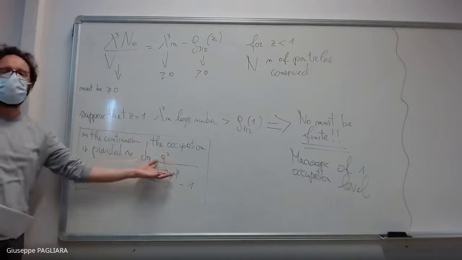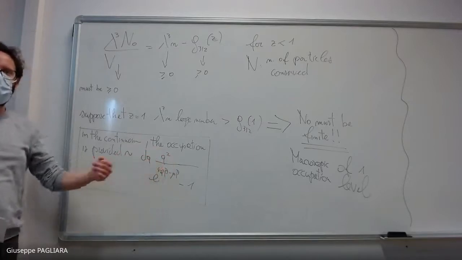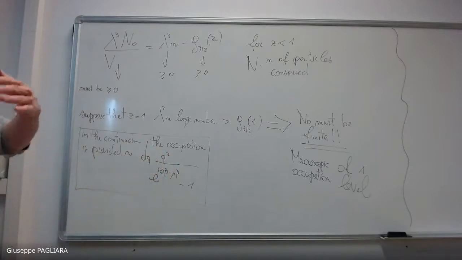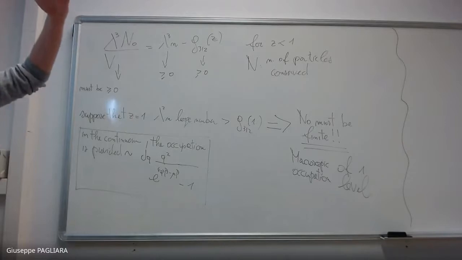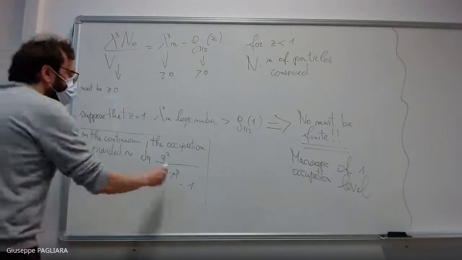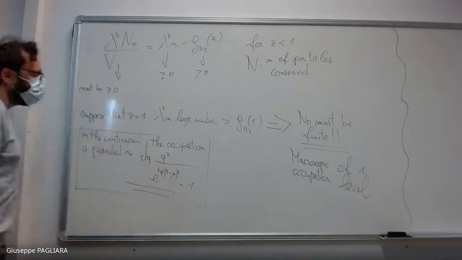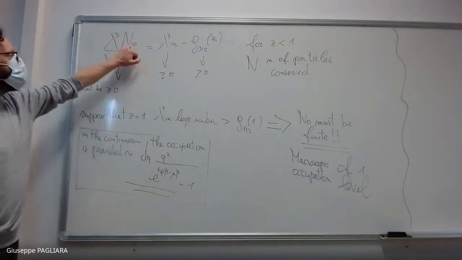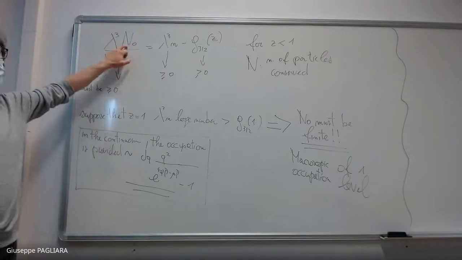Well, it's an infinitesimal occupation number. Because if I have a continuum and I distribute the particles in the continuum, of course, for a single specific state, the number of particles will be infinitesimal. Is it okay? So usually it's like that in the continuum, but here instead n_0 is finite.